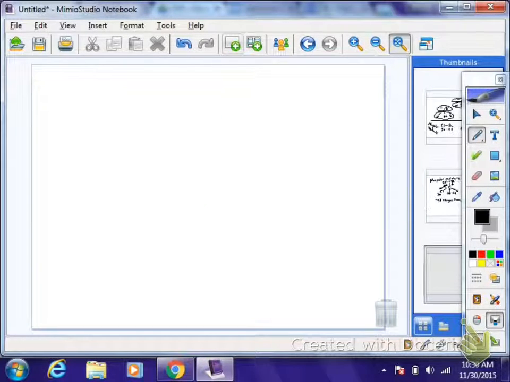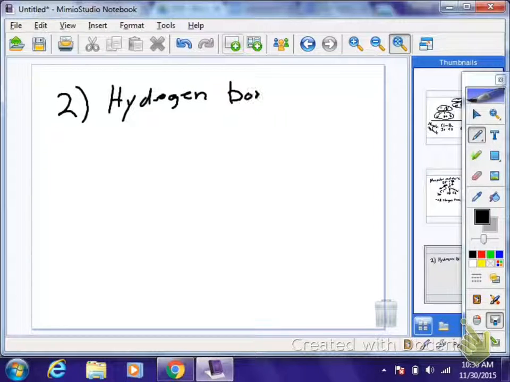Second one, number 2. It's called hydrogen bonding. So what do you think, what element's going to be involved in this? Probably oxygen.